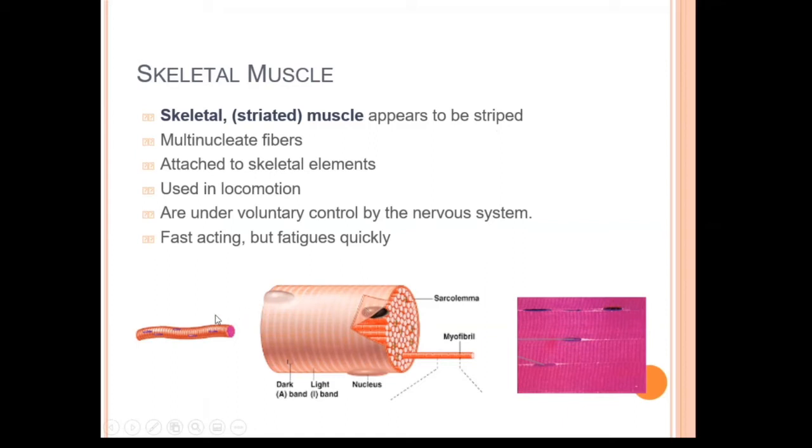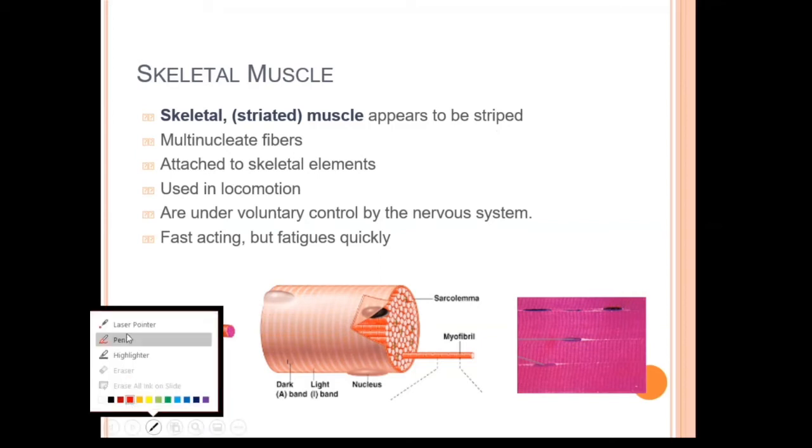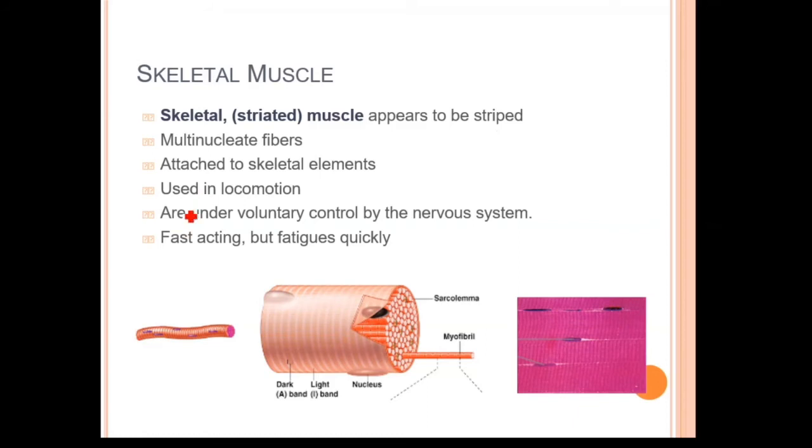The cells are multinucleated and have an excessive amount of mitochondria, because these are the muscles which require most of the energy, and they produce the maximum heat for the body's thermoregulation. These muscles are attached to the skeletal system, and they are responsible for the movement of the animal's body and the movement of the bones.